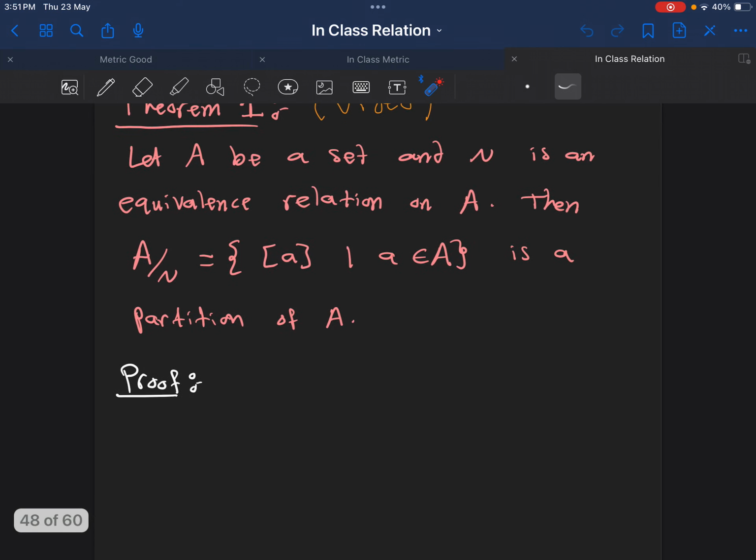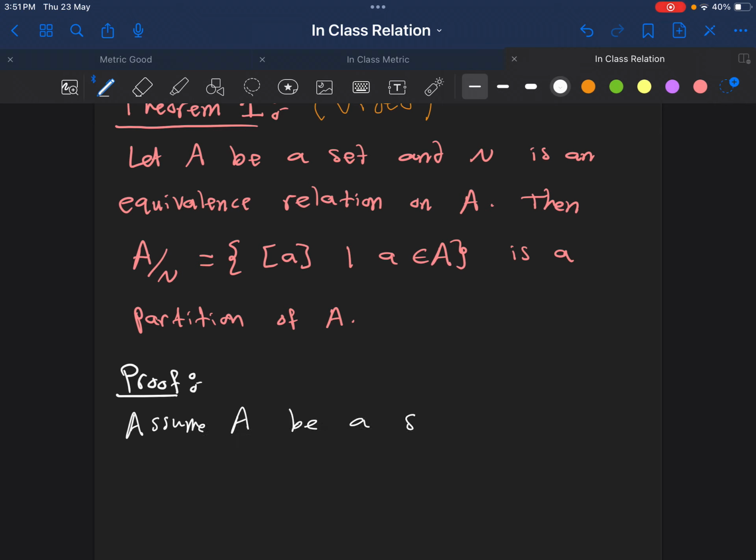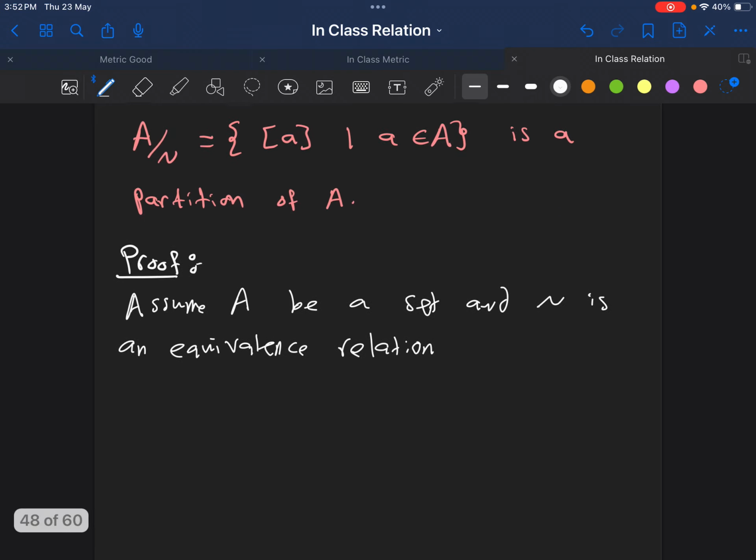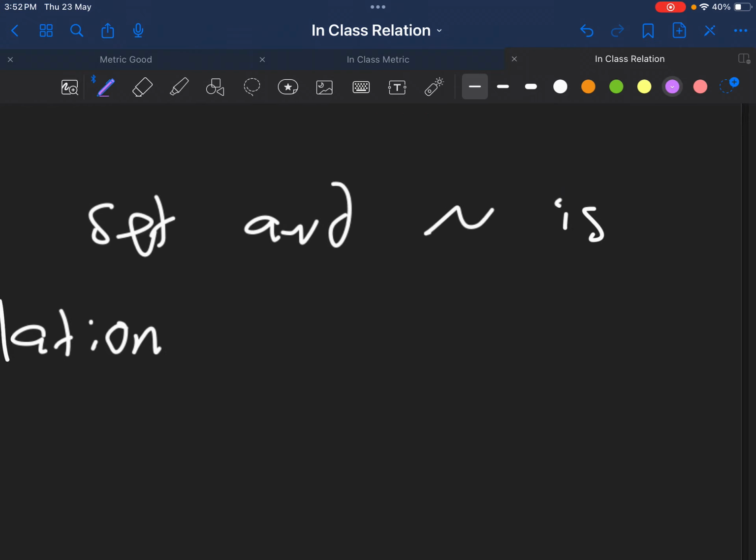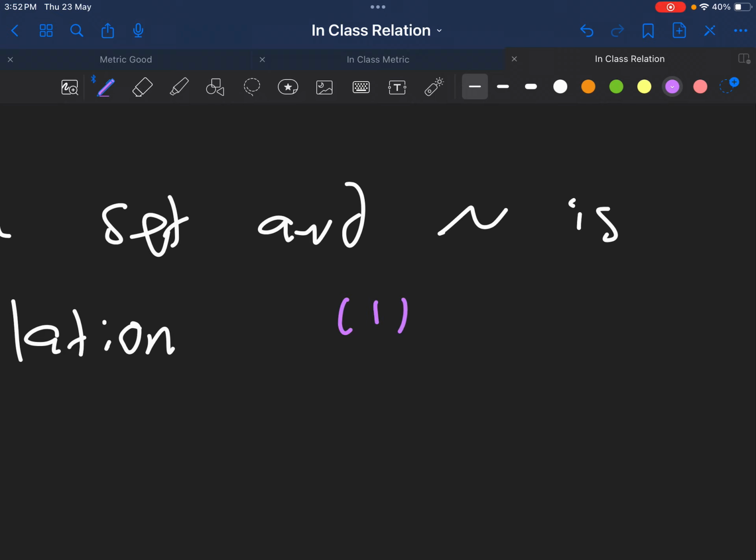So now let's focus on the first part where we are given an equivalence relation. So we will assume A, of course, is a non-empty set, and delta is an equivalence relation. Of course, if it's an equivalence relation, we remember we have three identities. I will just write them down here.